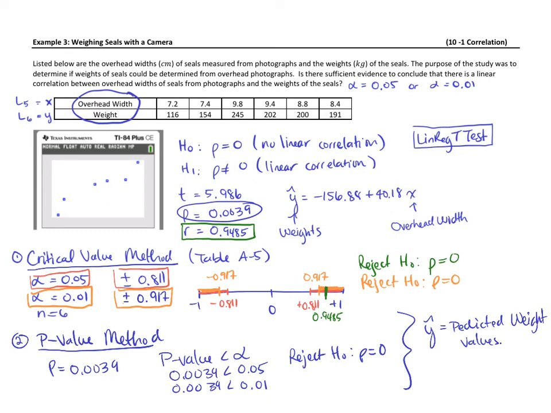Is there sufficient evidence to conclude that there is a linear correlation? All right, let me just write out the conclusion here.